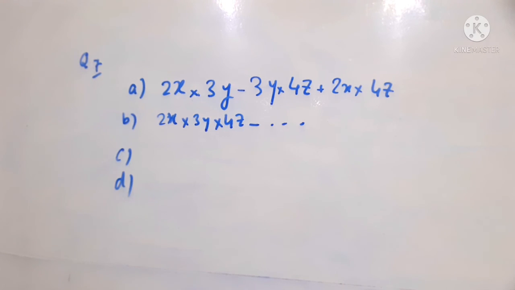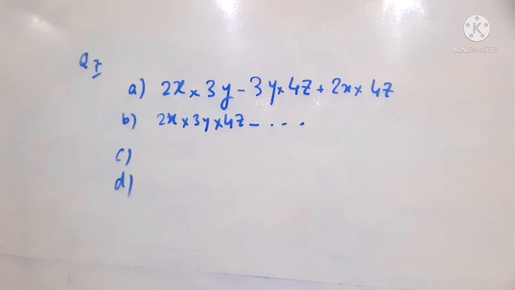Question number 7. In option A, it's given 2x into 3y minus 3y into 4z plus 2x into 4z. It is asked which is not a trinomial.